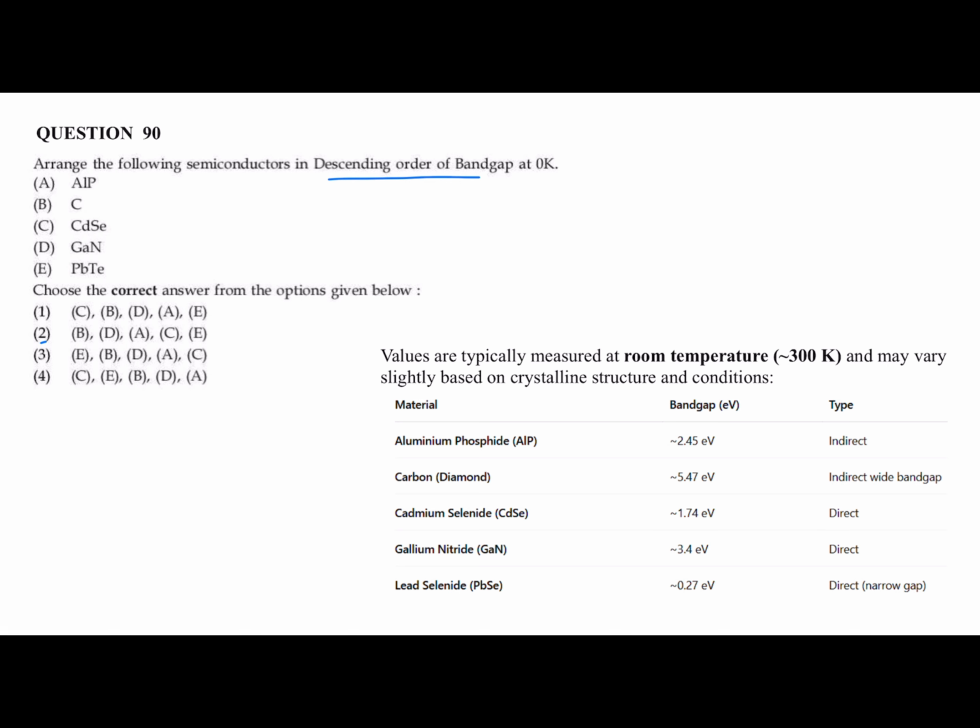So highest is for carbon, that is B. In the given options, the highest is for carbon and lowest is for PbSe, lead selenide, that is E. The sequence is B, D, A, C, E. The correct option is 2.